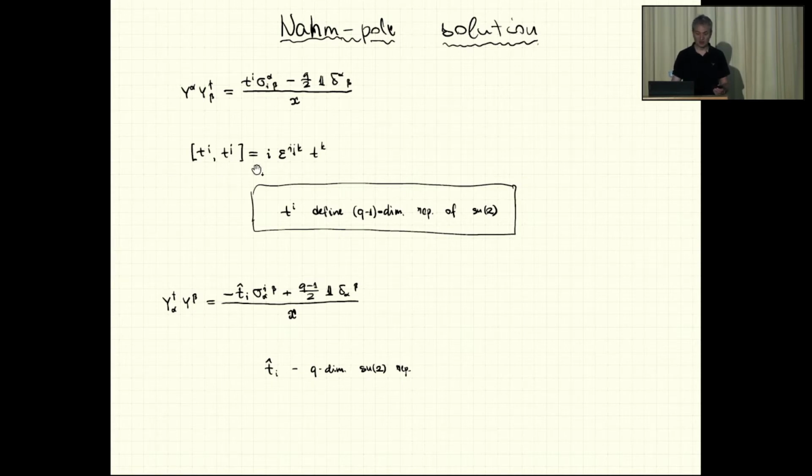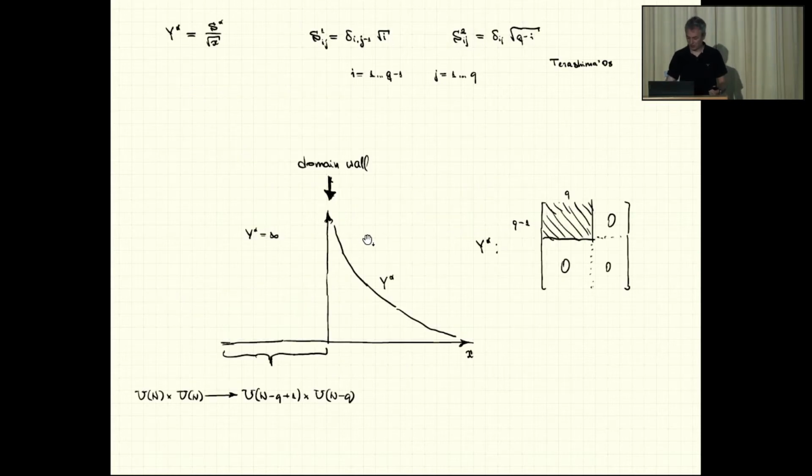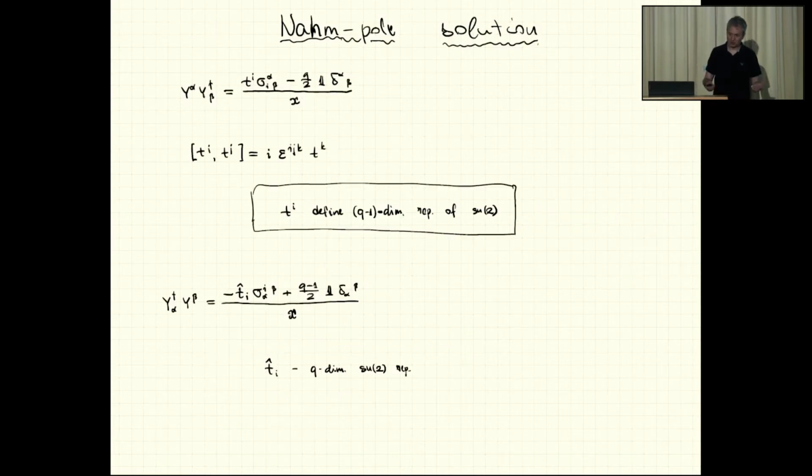And these algebraic equations are simply commutation relations of SU2. So the solutions are characterized by embedding of SU2 in the color group of the original theory. SU2 has many representations, so the solution will be characterized by the dimension of this representation, which will be Q minus 1 dimensional.